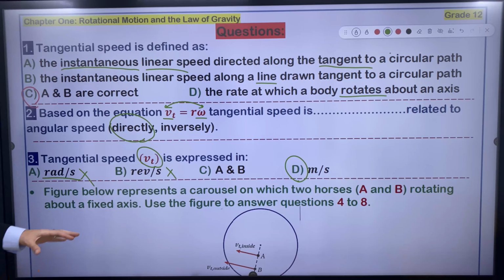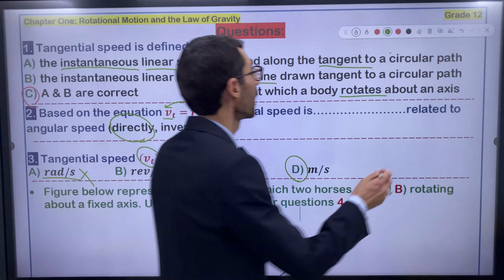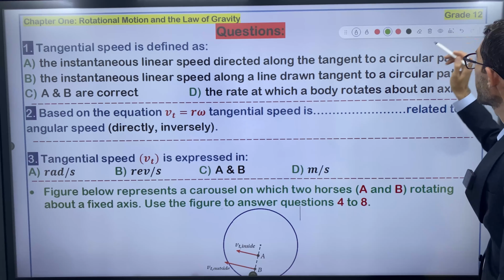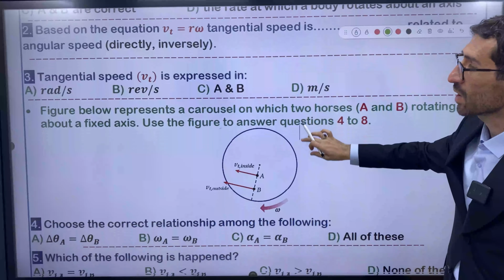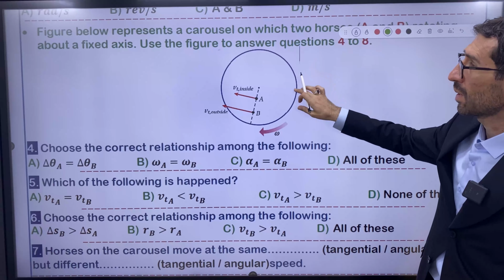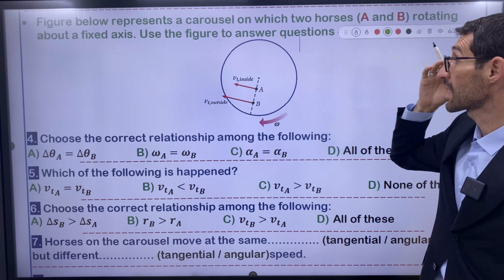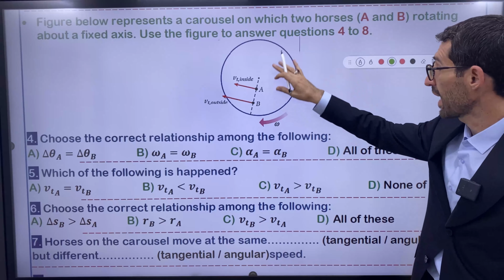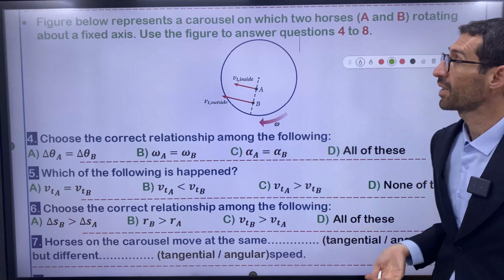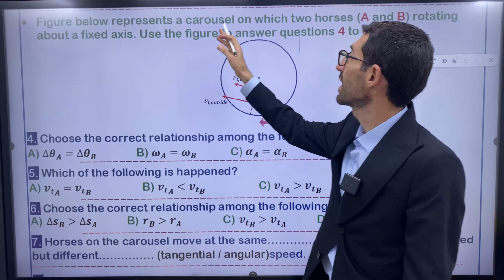We have a figure here, and we have some questions about the figure. Let me show it to you. The figure below represents a carousel.